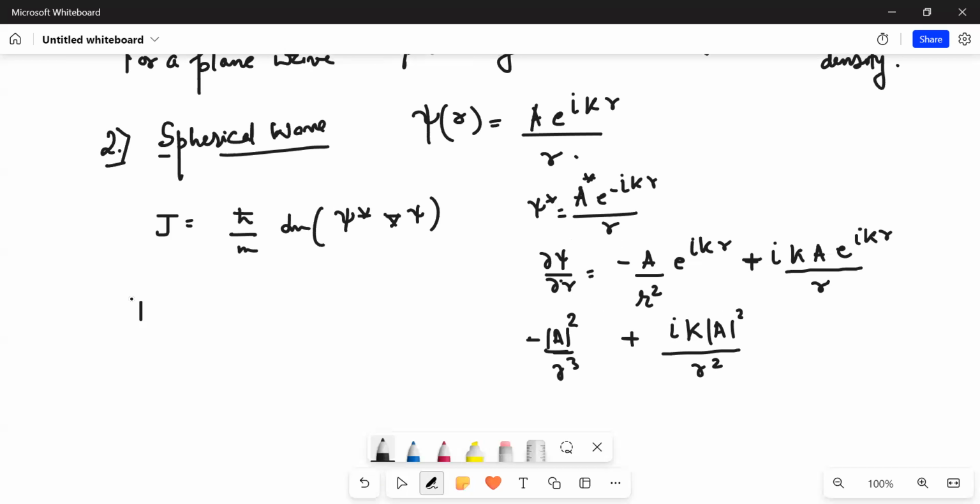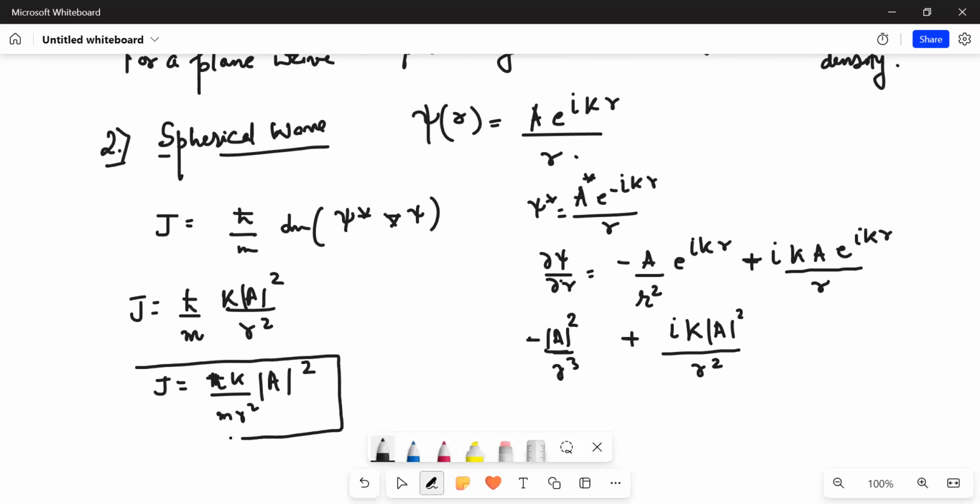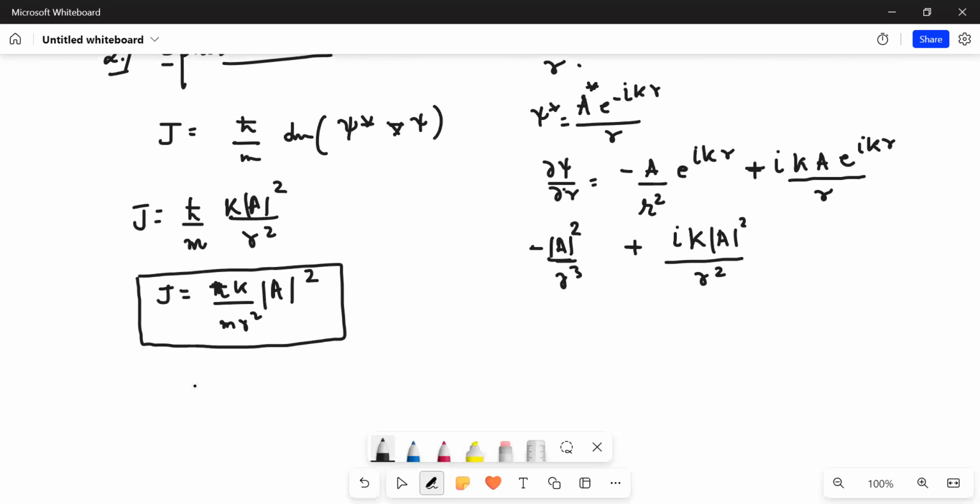The imaginary part is this, so I get J equal to ħ upon m times k modulus of A squared divided by r squared. So you get ħ k upon m r squared times modulus of A squared, which is simply velocity divided by r squared times the probability density. Is that clear till now?